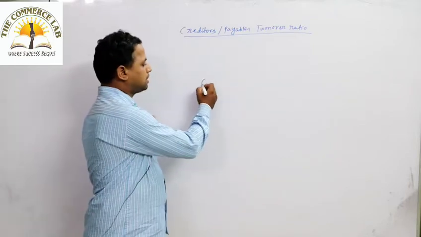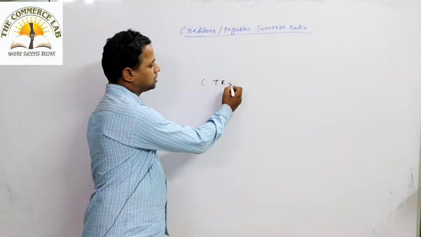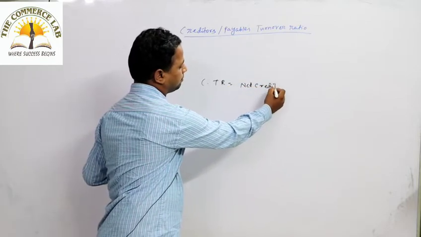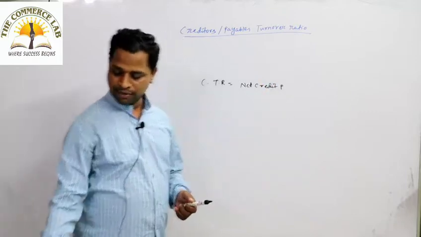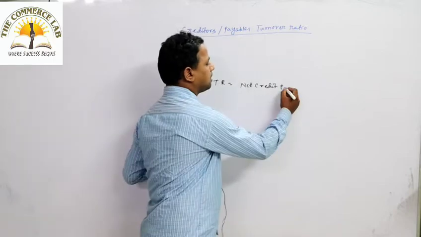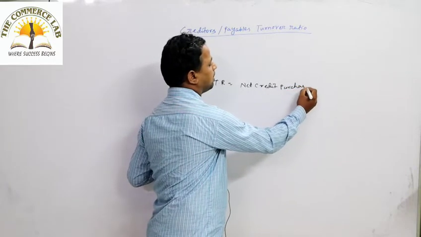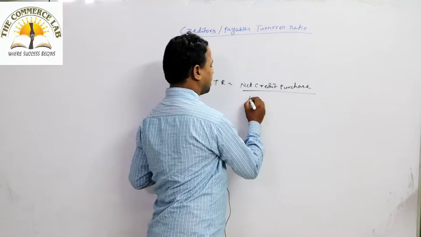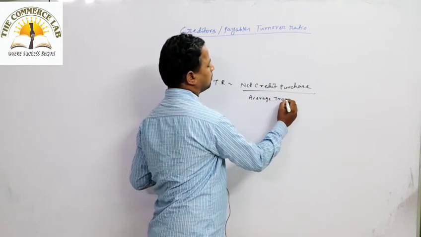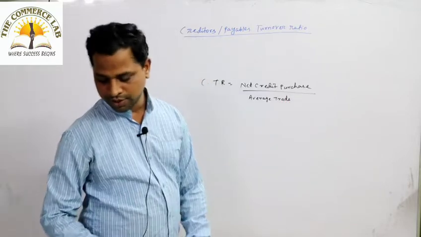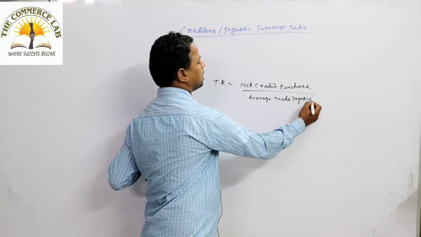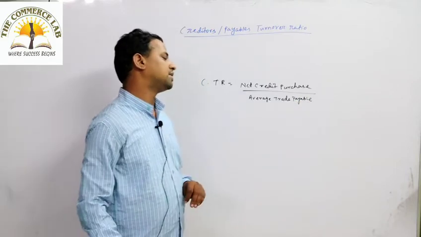It is net credit purchases divided by average trade payables. Net credit purchases divided by average trade payable.